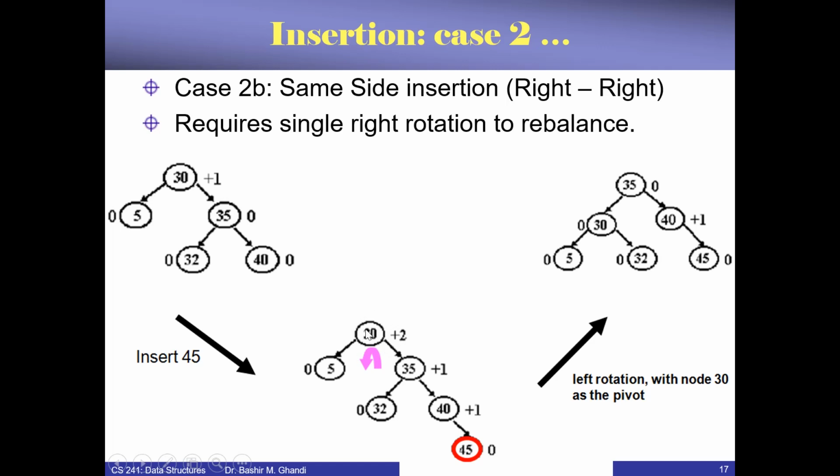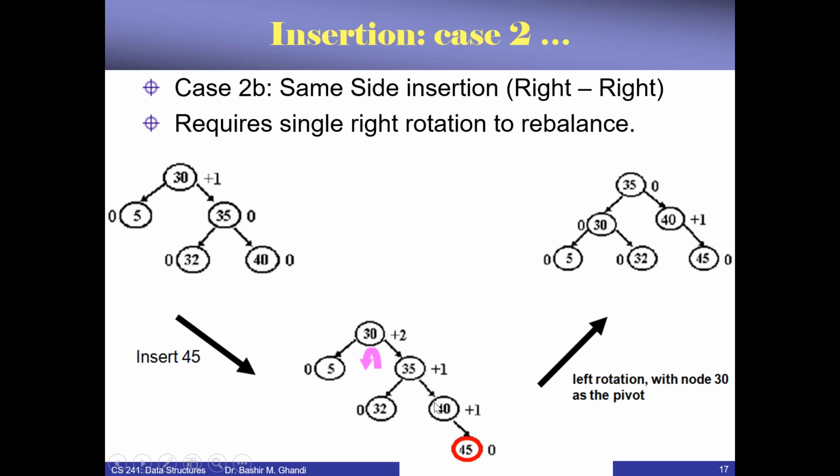This is step number 1: find out if there is an unbalance. Step number 2, you ask yourself, what type of unbalance is this? How to know that? Move from the unbalanced node towards the new node that you just inserted, counting only twice, asking yourself, how am I going? I'm going right and right.